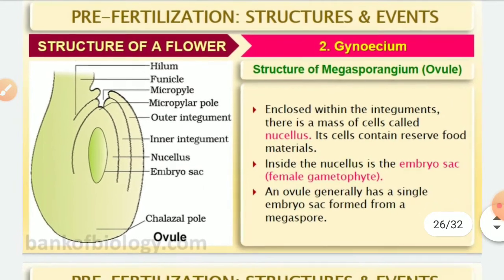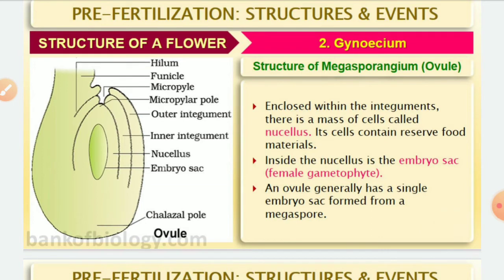Enclosed within the integument there is a mass of cells called the nucellus, which is a reserve food material. In this diagram of the ovule, you can see the structure of a typical seed.